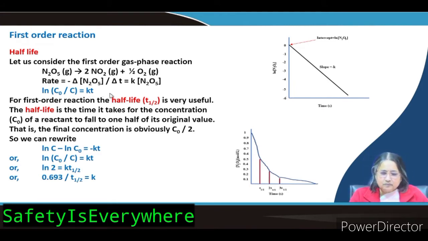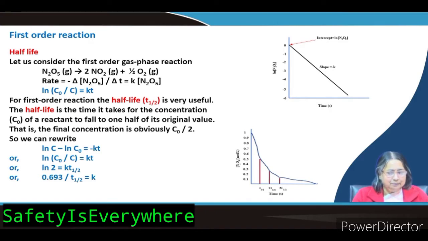Now, if you plot ln of N2O5 concentration against time, then you will get a straight line, because it is a first order reaction. Let me explain: it was actually determined to be a first order reaction.